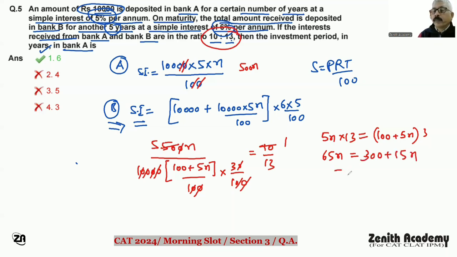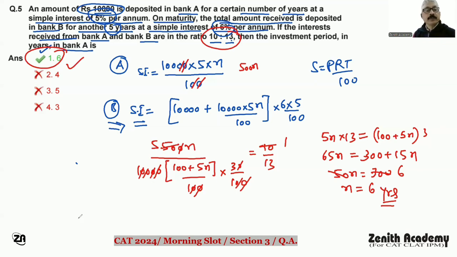So 50n is equal to 300. The answer n is 6. So this is the right answer. Again, a simple question of SI-CI, concept based.